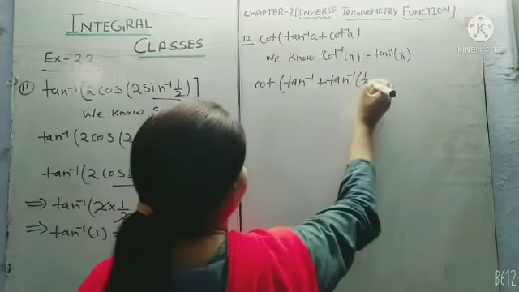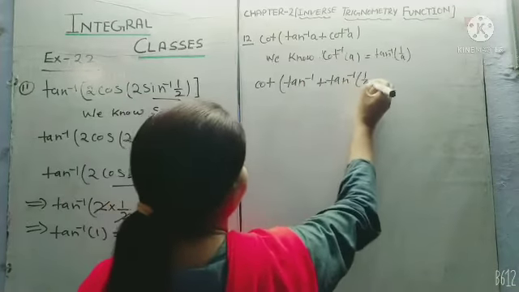Now apply the formula for tan inverse x plus tan inverse y, equal to what? Tan inverse of x plus y upon 1 minus xy. This formula we have to use here.